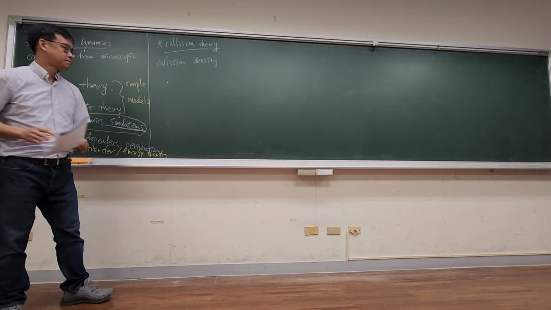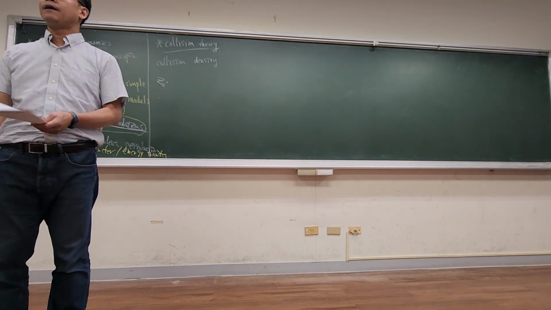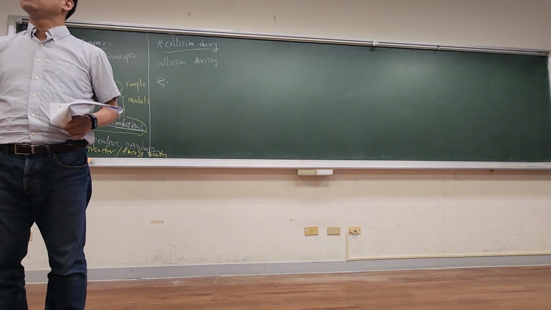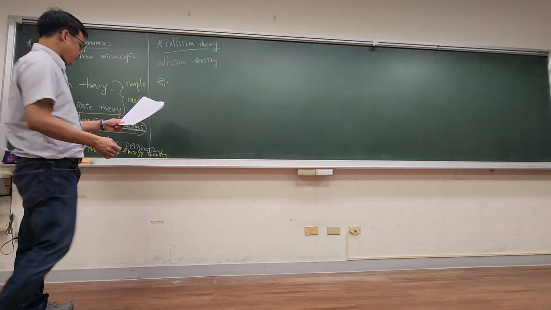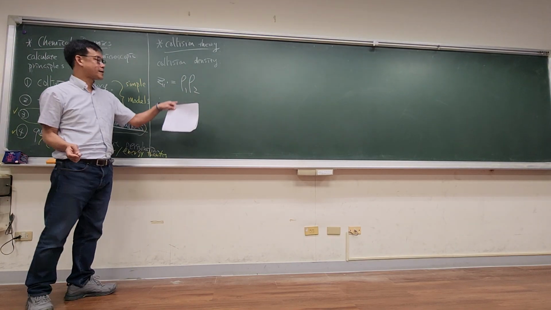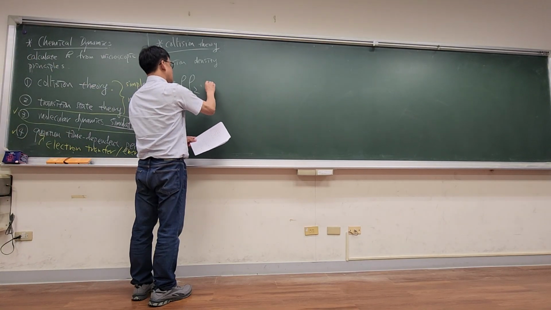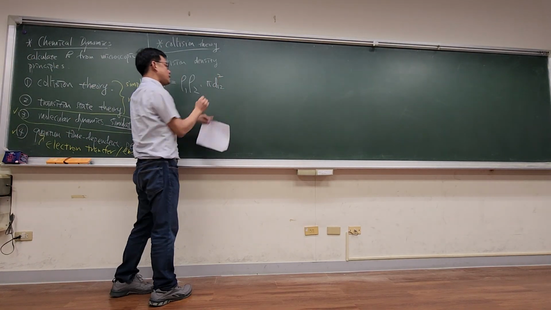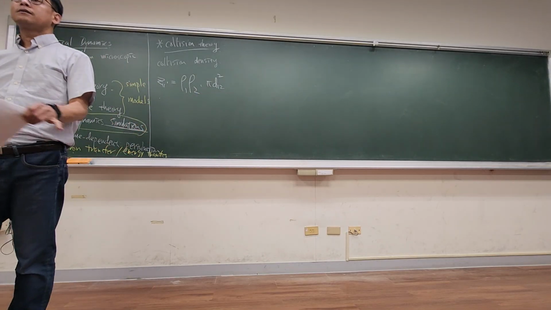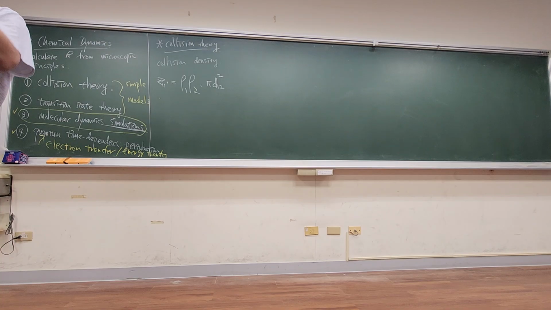We derived the number density of two particles colliding in a box, which depends on the number density of particle 1 and particle 2, times pi d12 squared. d12 is the diameter of particle 1 plus diameter of particle 2. This basically defines the range for the collision to happen.